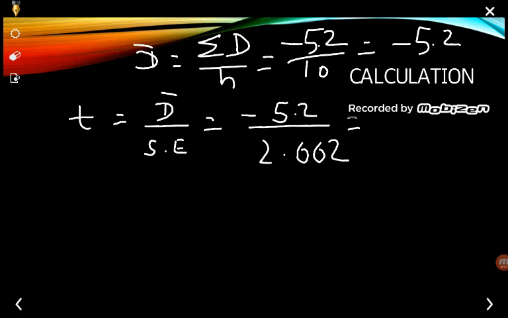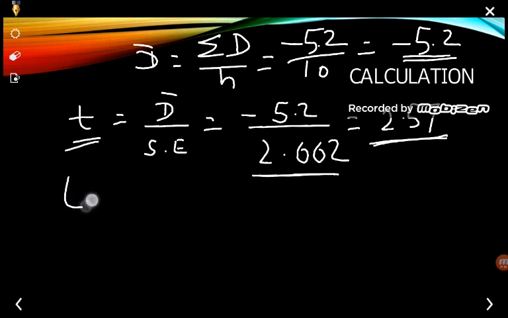The d mean, or d bar, we have calculated, is minus 5.2. So t is equal to d mean divided by SE, the standard error we have just calculated, 2.022. So minus 5.2 divided by 2.022 will give you 2.57. So our calculated value of t is 2.57.